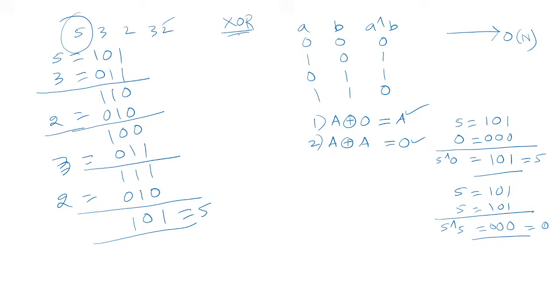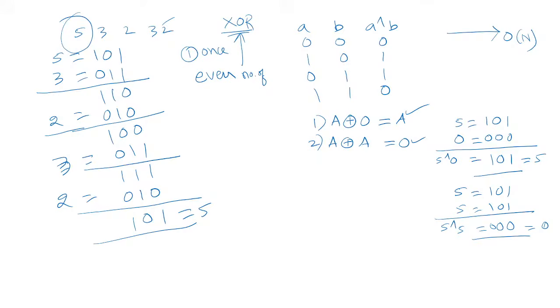We can use this XOR property, and it is applicable only when all other numbers appear twice or an even number of times, and there is only one element which appears once.